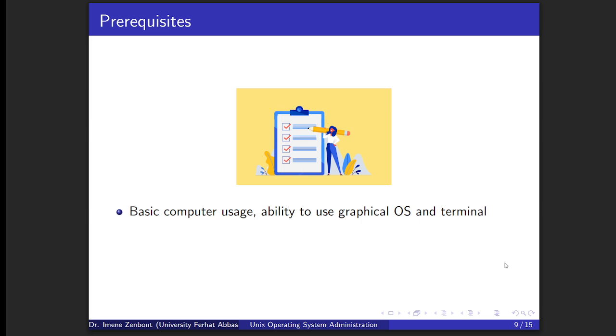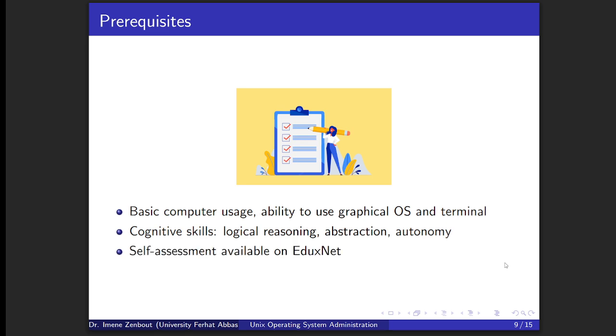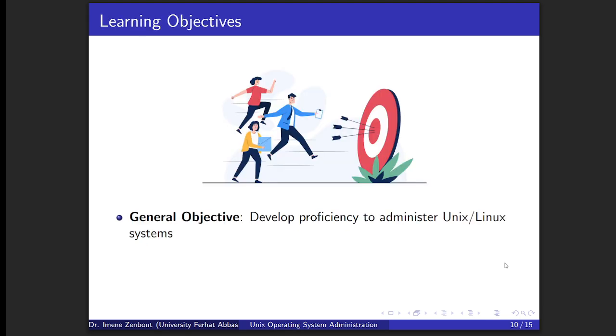You need the ability to use a graphical operating system and a terminal, and cognitive skills like logical reasoning, abstraction, and autonomy, so that you can address the exercises and situations you will face while learning this system. A self-assessment to know your level and what you need to improve is available on the platform EduNext.